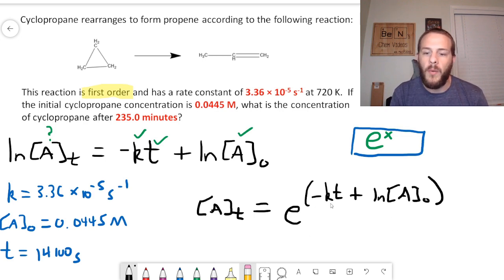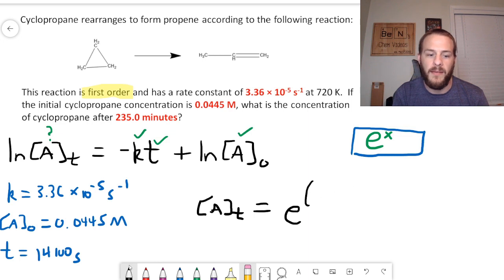And so now we can simply start substituting our actual numerical values for k, initial concentration, and time, where all of the variables belong. I'm going to try to do this in a nice compact way here. So it's going to be minus kt, so I'll make a bracket up here.